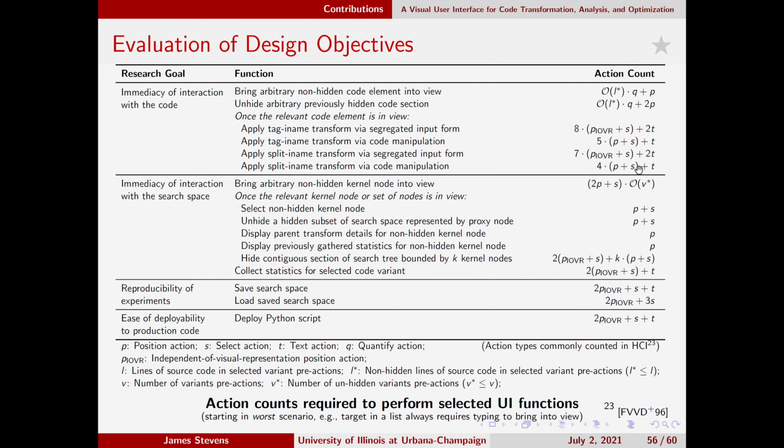Another thing to notice is the scaling factors. For example, when interacting with the search space, bringing an arbitrary non-hidden kernel node into view scales with V star instead of V. So if you keep the number of unhidden variants manageable, which in our experience is easy to do, a search space can grow very large without severely impacting the cost of interacting with it.